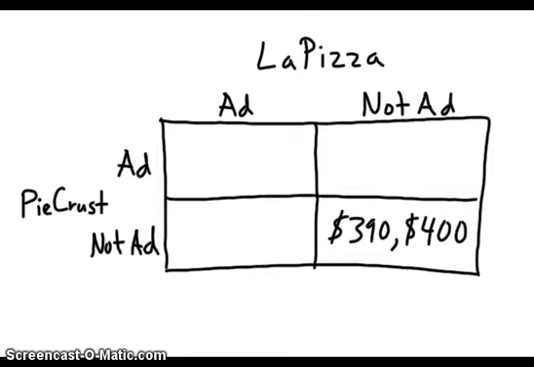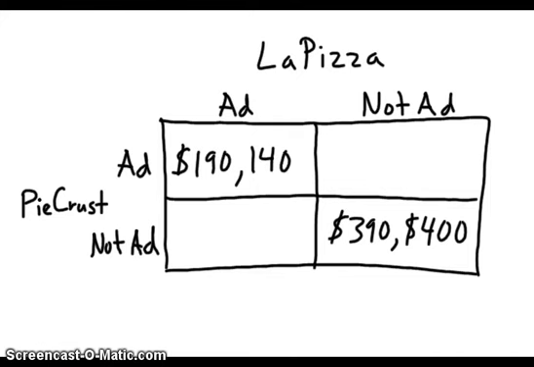In the case of the advertising, when they both advertise, we have to subtract 60 from both payoffs. So we would have 190 and 140, and then the first number in each row is the payoff for Pie Crust.